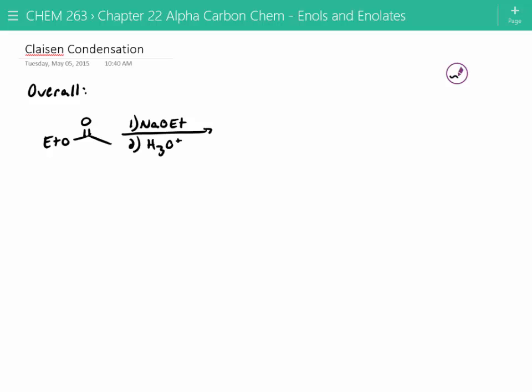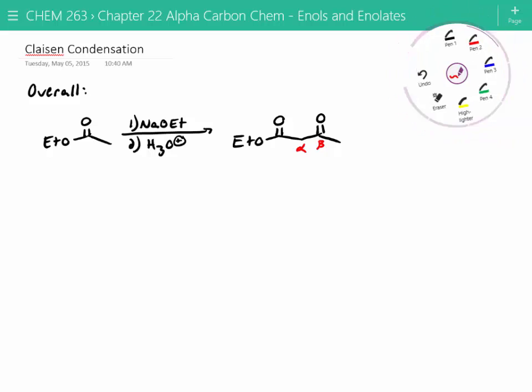The first step is typically reaction with some sort of alkoxide. And then if we think about naming this final product, we can try to name it using our alpha-beta terminology. And so when we name this, we would call this a beta keto ester, because we've got a ketone coming off of the beta position.